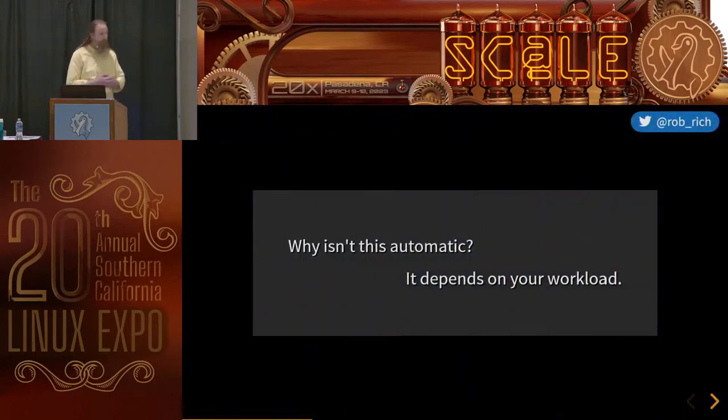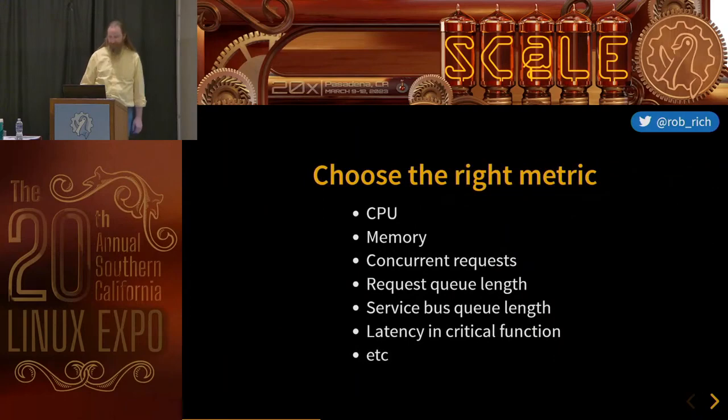So the first question we usually hit is, well, why isn't this automatic? Can't I just push the Scale Kubernetes button? Well, it depends a lot on your workload. Uh-oh, it depends. Quit telling me it depends. It depends on what? It depends on this.